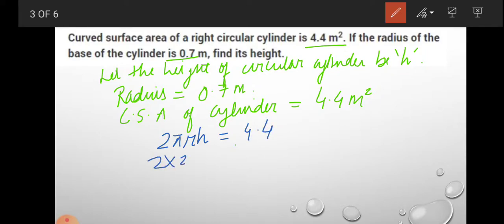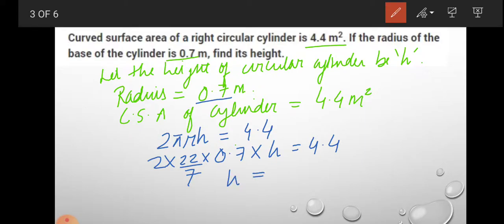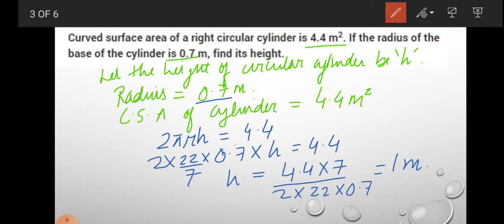Now 2 into, put the value of pi, 22 by 7, into radius 0.7, into height H, is equal to 4.4. On solving this, we get height is equal to 4.4 into 7 divided by 2 into 22 into 0.7, which is equal to 1 meter. So therefore the height of this cylinder is 1 meter.